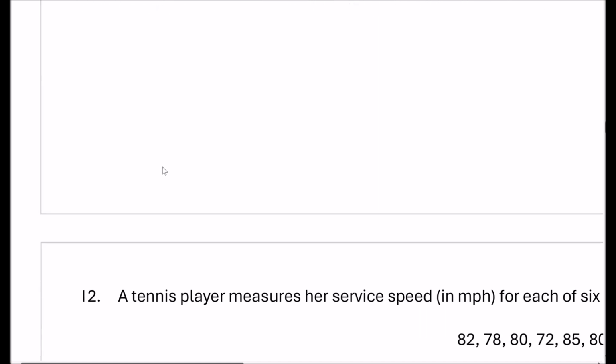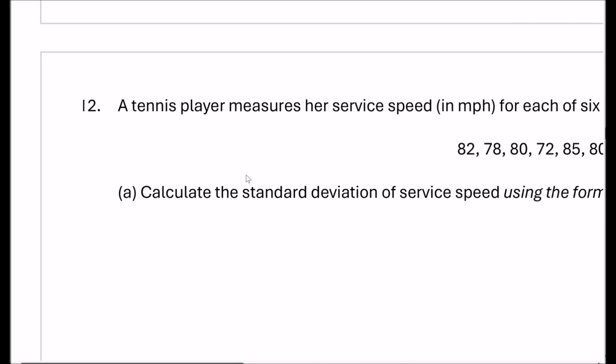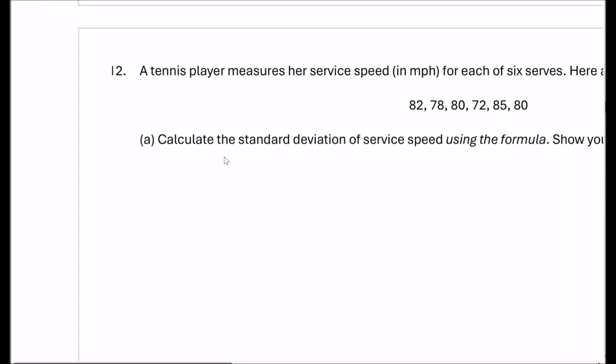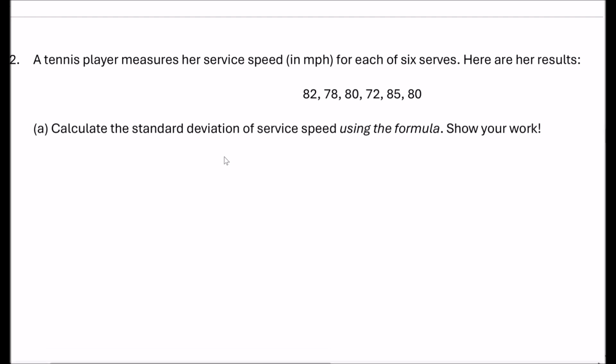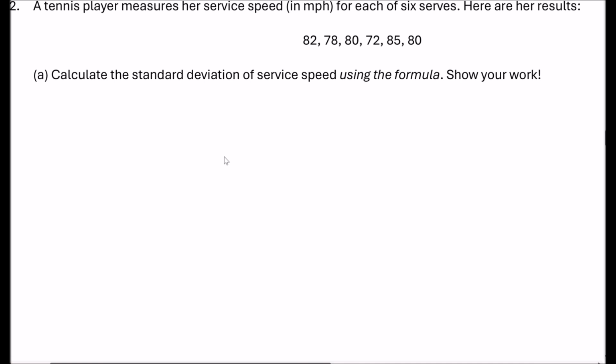All right, so let's look at number 12. A tennis player measures her service speed in miles per hour for each of 6 serves. Here are her results. Calculate the standard deviation of service speed using the formula and show your work.